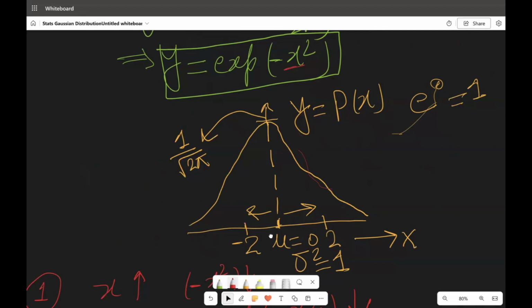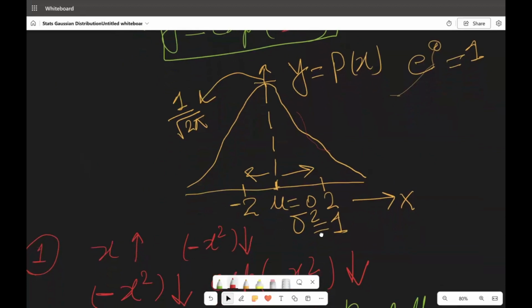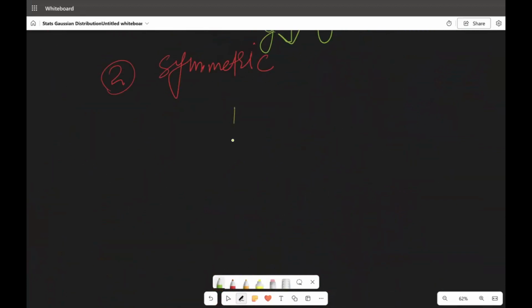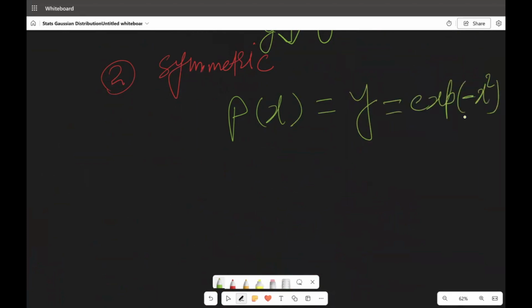So this function, the probability density function of x equals y, is nothing but exponential of minus x square. Again, this is the simplest form. I am trying to explain the bell-shaped curve here, right?